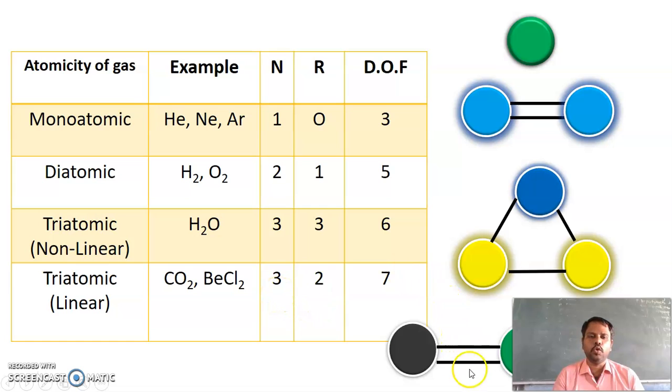However, if there are 2 constraints, the degree of freedom reduces from 9 to 7. So we see that if constraints are imposed, the degrees of freedom get reduced by the number of constraints present in that system.